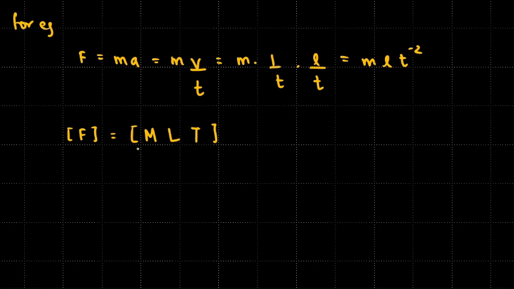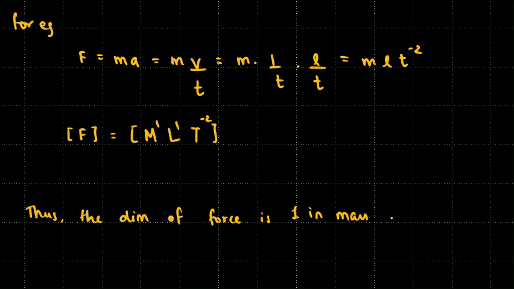But for now, let's look at this. So here we have mass, and as you can see, the power raised to the mass is 1, and L is 1, so length is 1, and time is minus 2. That's the power raised. So thus the dimension of force is 1 in mass, 1 in length, and minus 2 in time. I hope that's pretty clear.